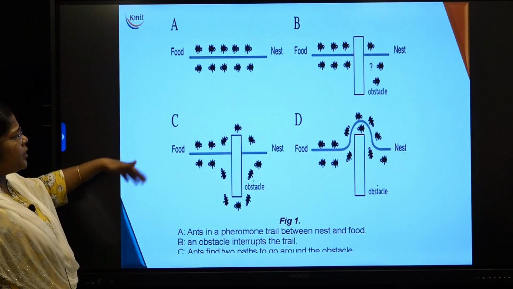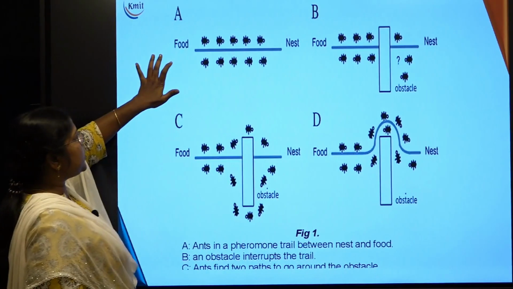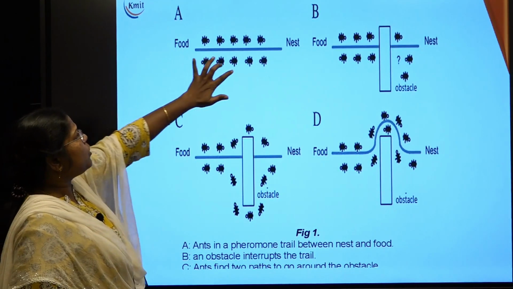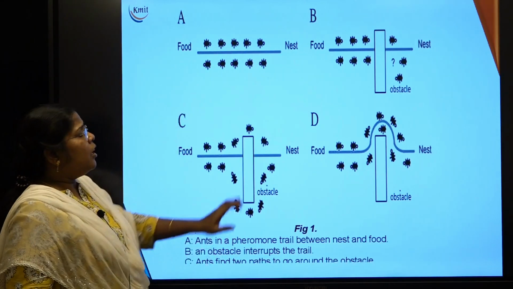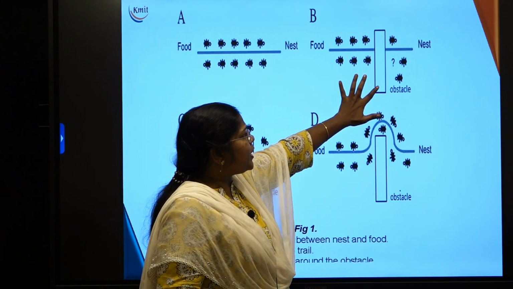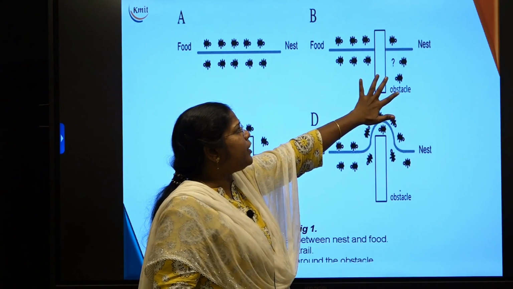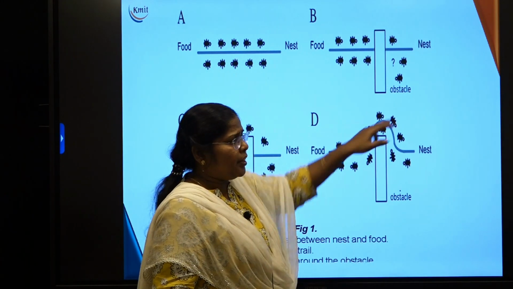So, here we can see again, here we have a nest. From the nest it is searching for the food, so it starts moving from the nest to the food. Here also, from nest to the food, whenever we place an obstacle between the nest and the food, it does not know how to take the path.